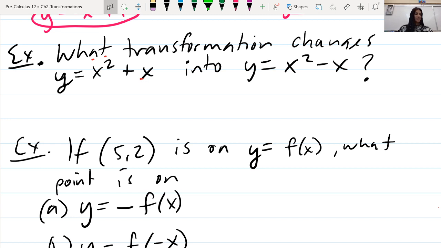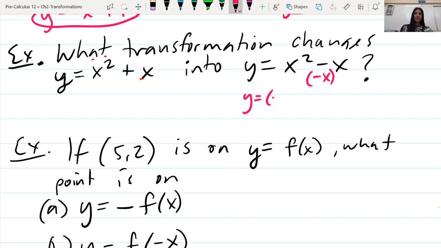So you have two choices, and you have a few options of how you could try to figure that out. You could just look at it and say, okay, if it's negative y, do you see that this is going to end up being negative x squared minus x? And that's not what this looks like. So it's probably negative x that's going to do it. Let's try it out.